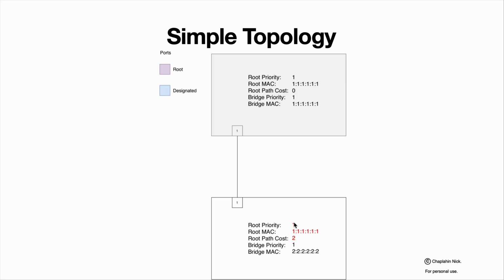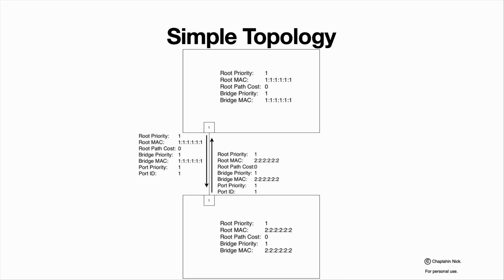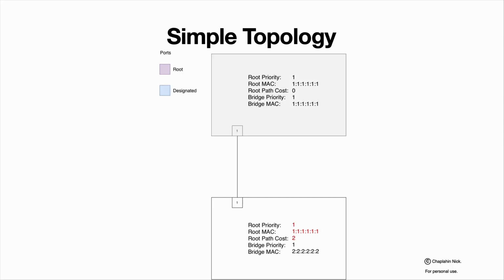So the bottom switch understands that its root information is not the best one, and it accepts root priority and root MAC from the BPDU, plus calculates root path cost as the root path cost from the BPDU plus the port path cost on the port where it was received. I will display it in more detail later because this is important. For now, some number, let's say root path cost 2. So this is not the root device, and the cost of data to reach the root is 2. Those are compatible values as well.